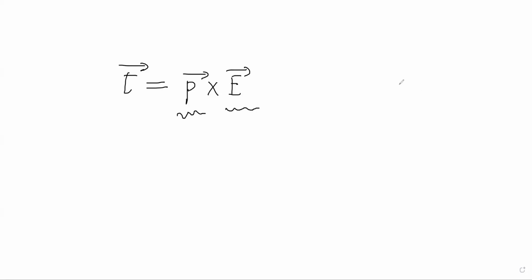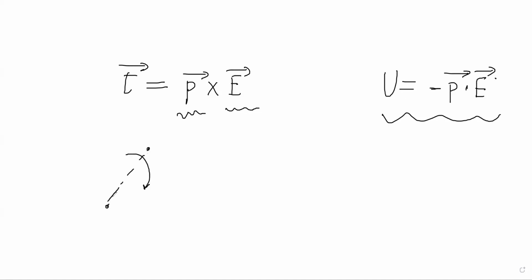Similarly, the last part is deriving the potential energy of a dipole, and it comes out to be minus P dot E. If a dipole is placed in an electric field in a random orientation, it will experience torque, right? It wants to turn around and get into this situation, so that there is no net torque on it, because the field is like this.